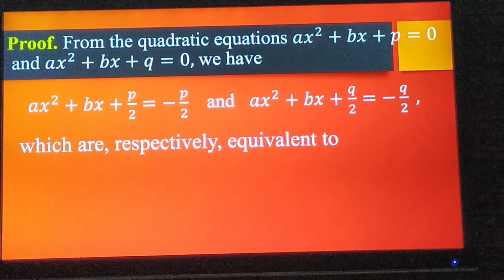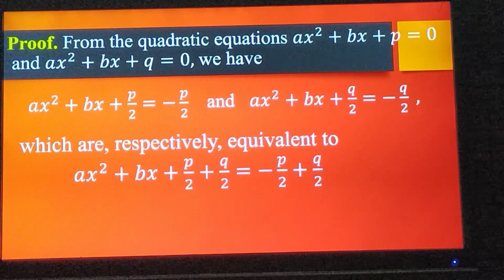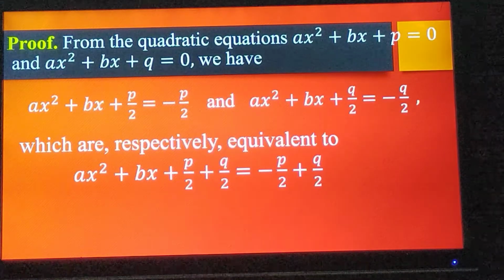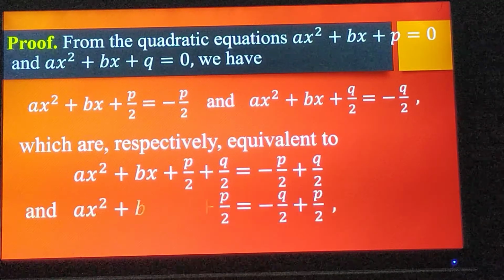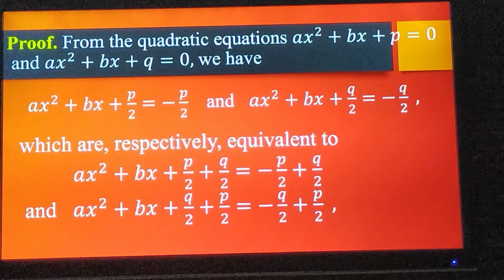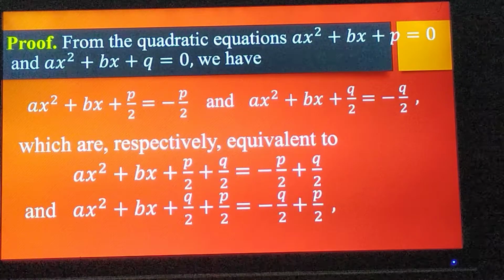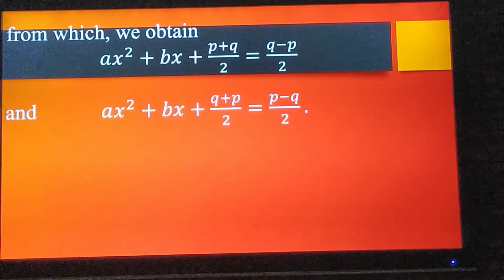These two equations are equivalent to these two. We get the first one by adding q over 2 to both sides of the equation, and the other one we obtain by adding p over 2 to both sides of the equation. And from this we obtain these two equations.